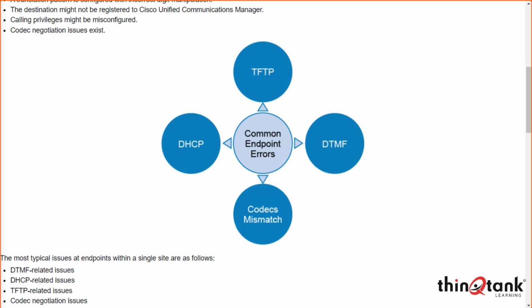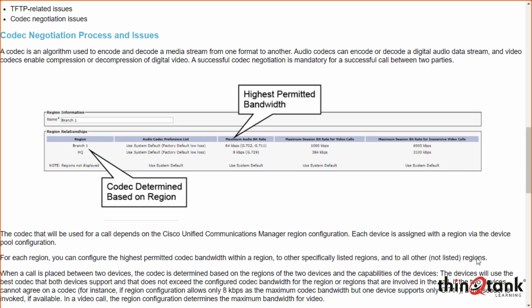All right. So let's talk about the codec negotiation process. And what you're seeing here in this section is a configuration of what we call regions. There are two things within Unified Communications Manager that we use to configure call admission control and codec selection.